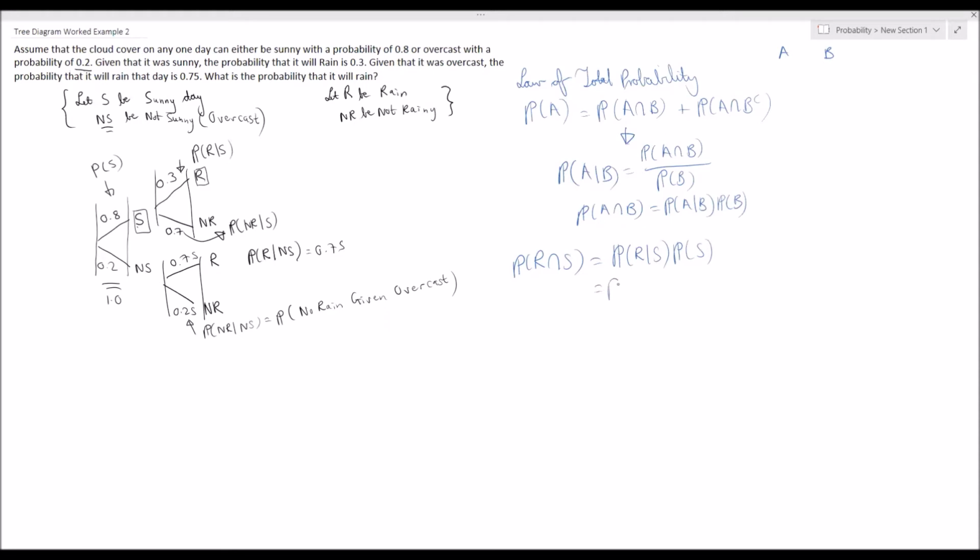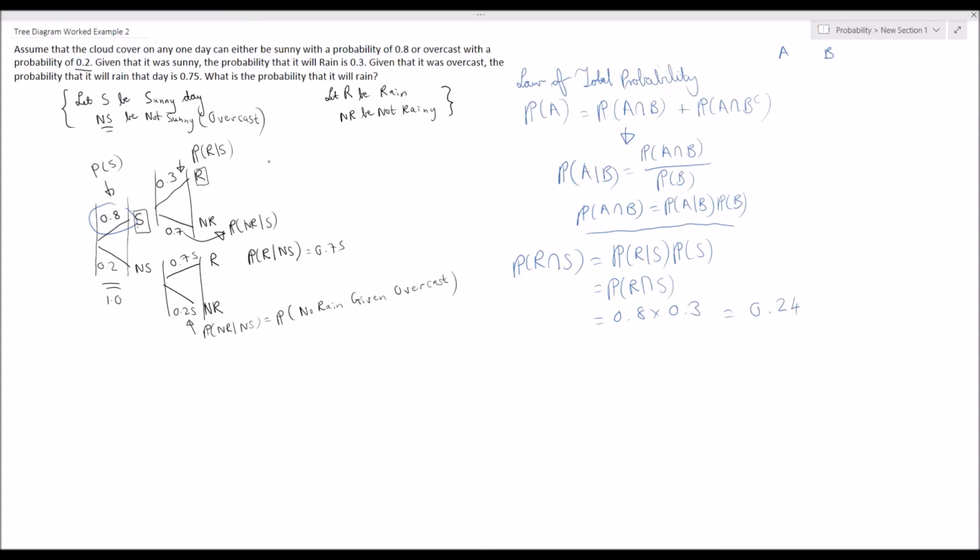And this will be equal to the probability of rain intersect with sunny, because we have seen this already from this formula over here. So the probability of rain and sun is the product of 0.8, which is the probability of it being sunny, multiplied by the probability of rain given sunny, which is 0.3. So this is our answer, and this is 0.24.